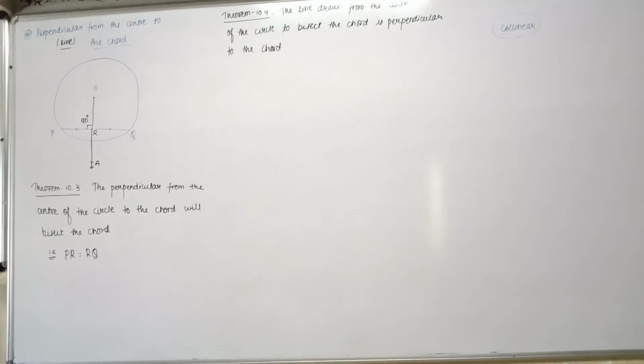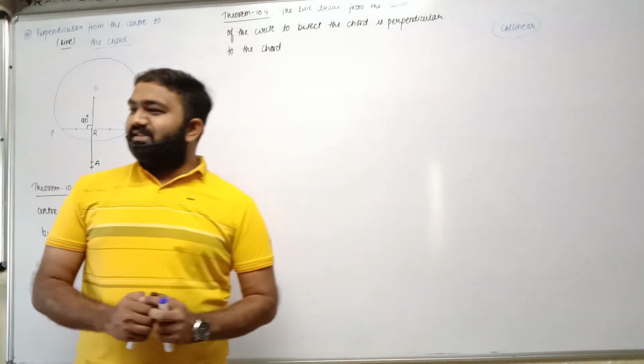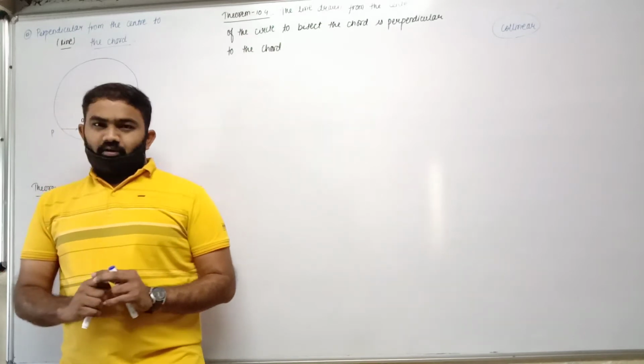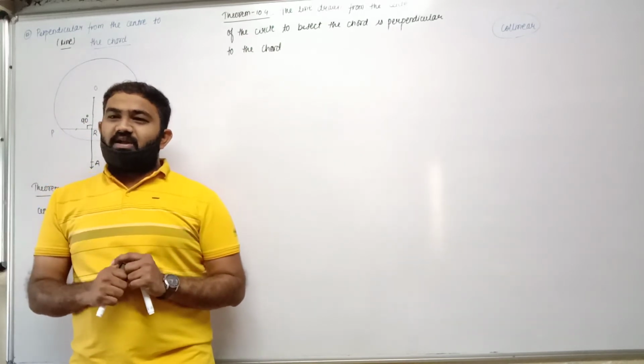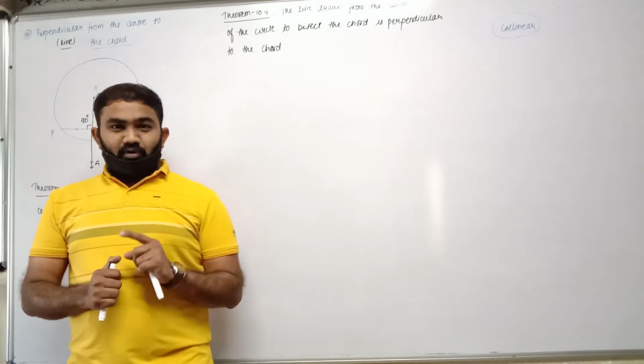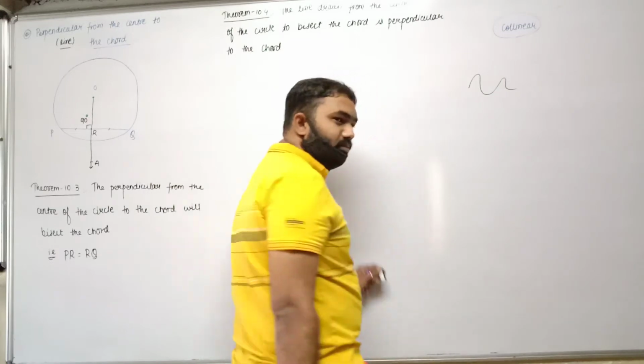Collinear points means the points which are lying on the same straight line, or a straight line which passes through all these 3 points perfectly. I'm talking about a straight line. I'm not talking about a line like this.